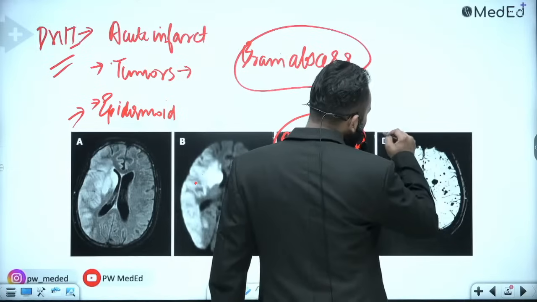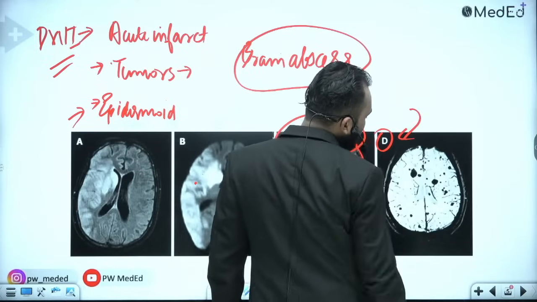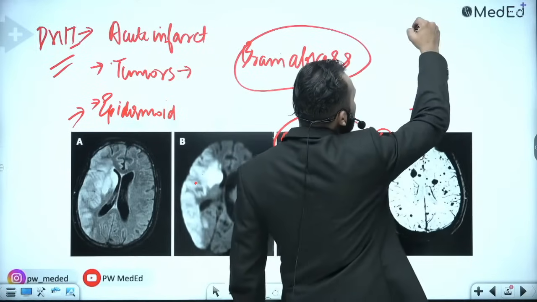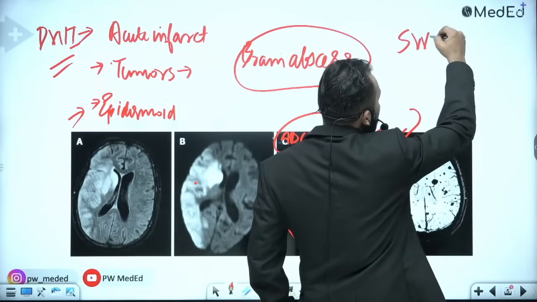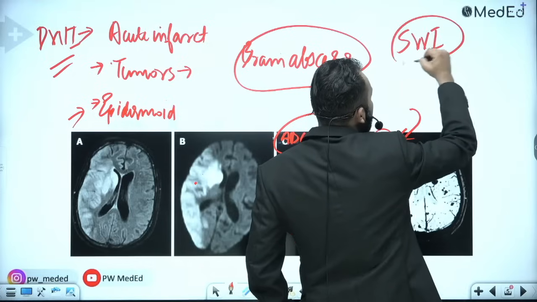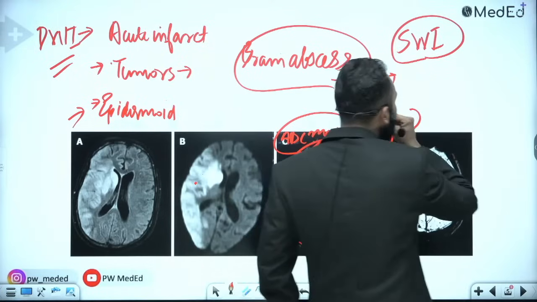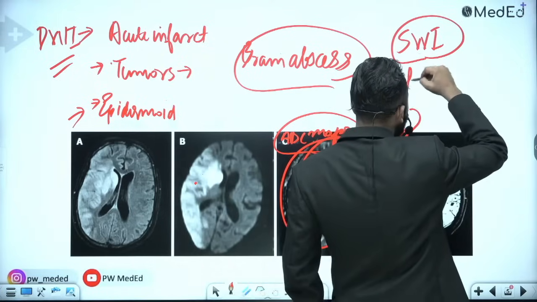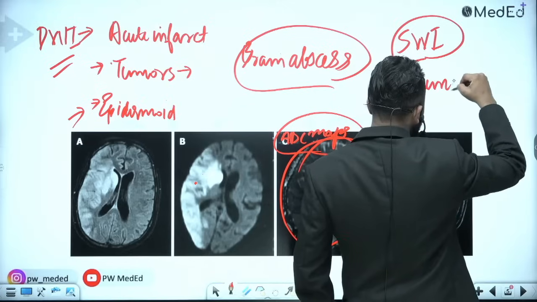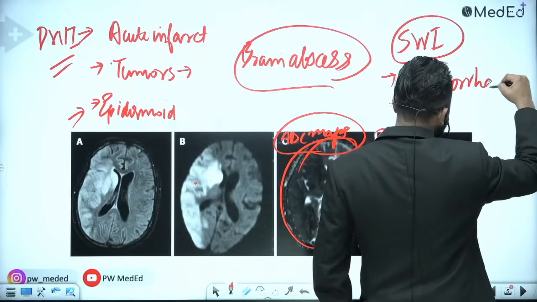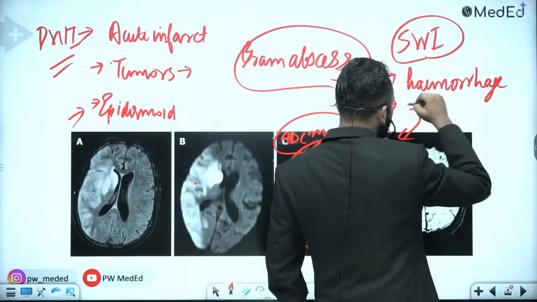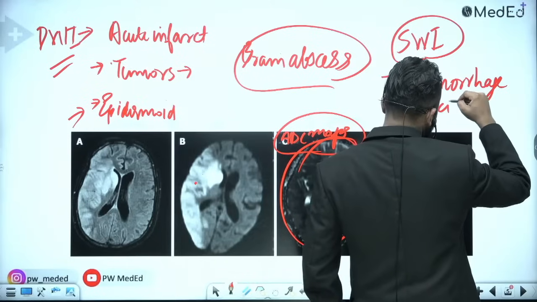And the fourth sequence that I am showing you here is susceptibility weighted imaging. Remember, this is used to look for any hemorrhage or any calcification.